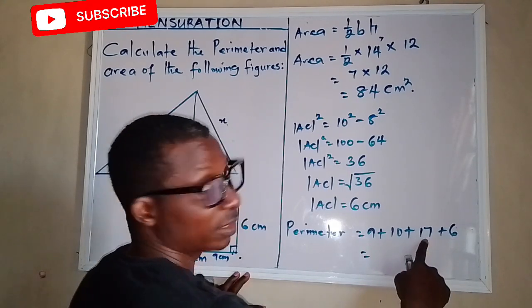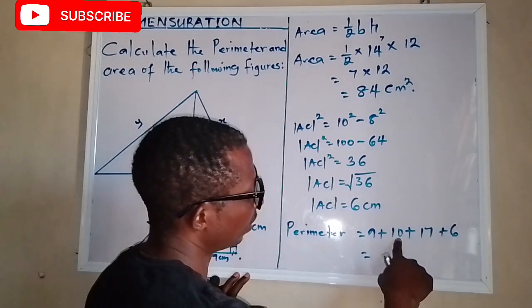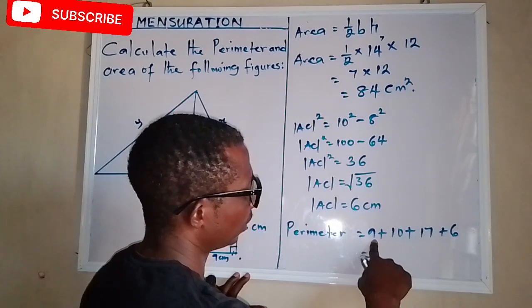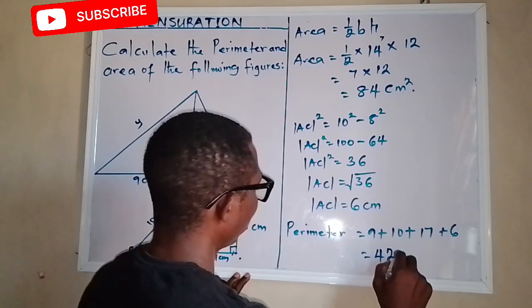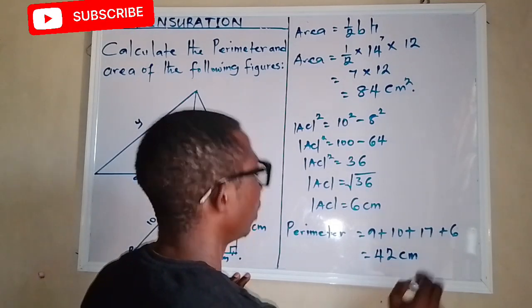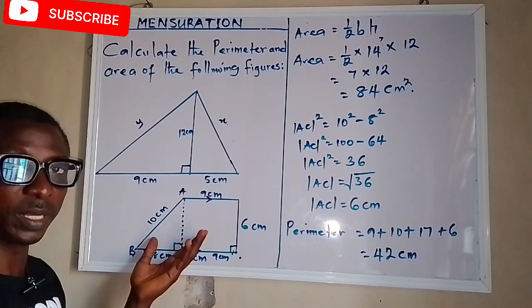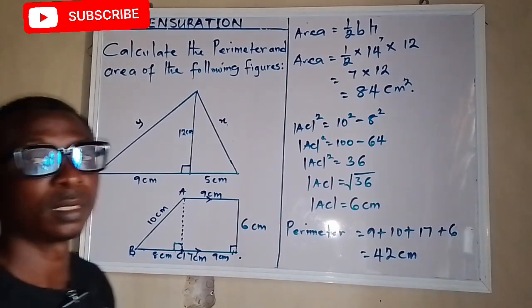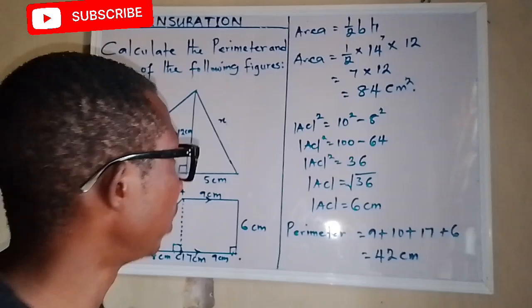Now this and this gives 23. 23 plus 10, that's 33. 33 plus 9, that's 42. That will be 42 centimeter. So the perimeter of this trapezium is 42 centimeter. So the next thing is to get the area of this shape.